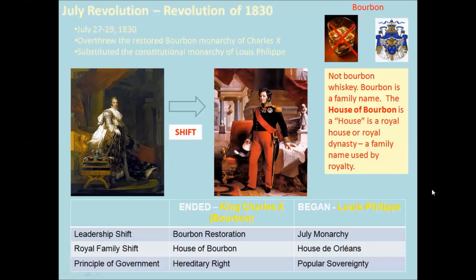So you see it here down at the bottom that Charles X is going to end the Bourbon rule because he will get overthrown. And the House of Bourbon that was based on hereditary right is going to go away. And now you're going to have what they call the July Monarchy. The family is the House of Orleans, and it's based on popular sovereignty, or the will of the people. And so your new leader is Louis Philippe.